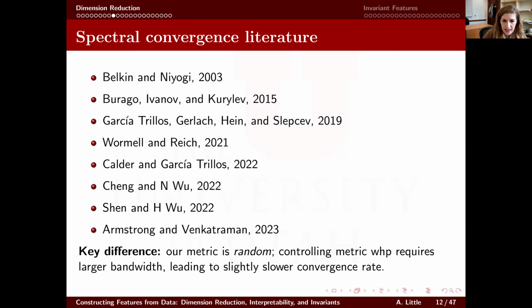But the key difference here is that our metric is random. So not just the graph construction and the sampling of the data points, but the metric itself is random. And so to control its behavior with high probability requires a little bit of a bigger bandwidth, leading to a slower convergence rate than in some of the other papers in the literature.